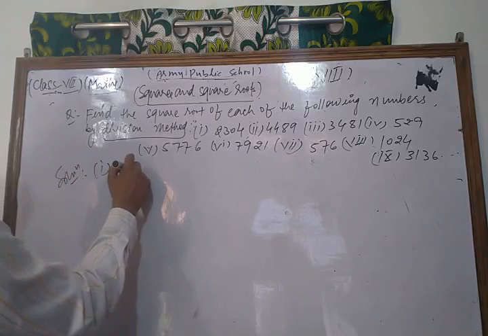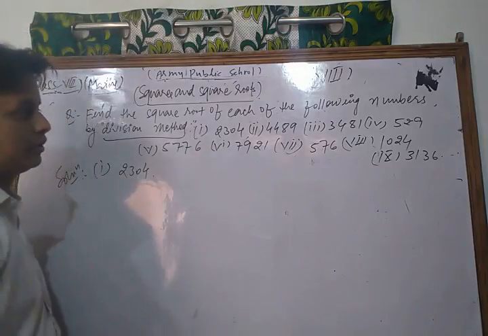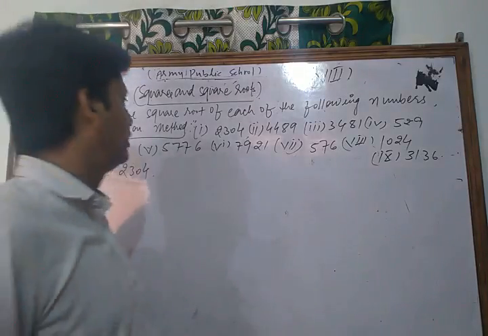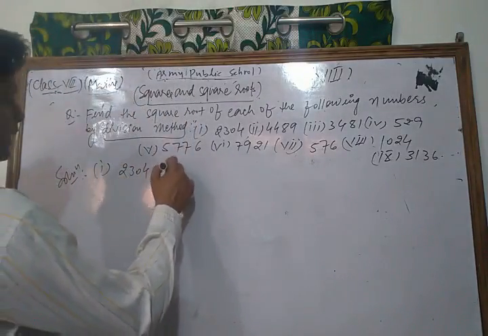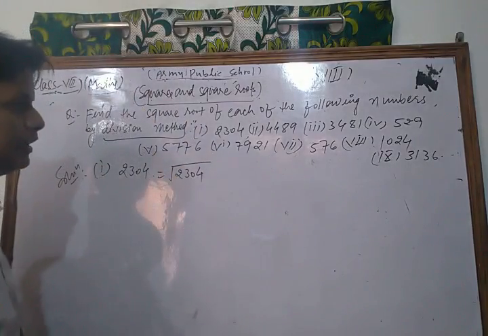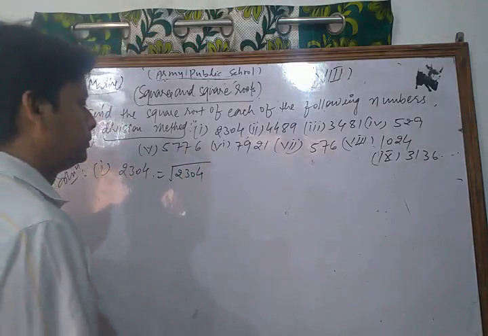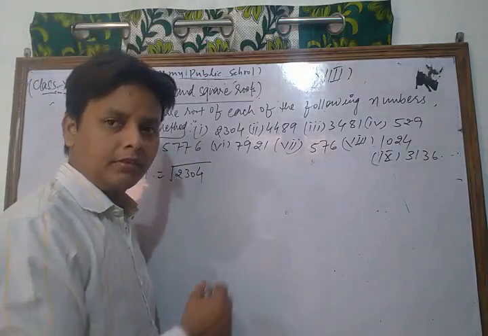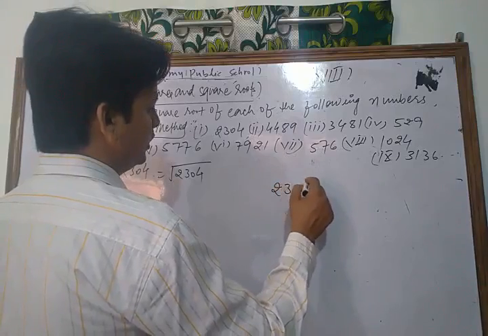First of all, we take and solve the first part of this question, which is 2304. We find the square root of 2304 by the division method. For that, first of all we write the given number in this way: 2304.